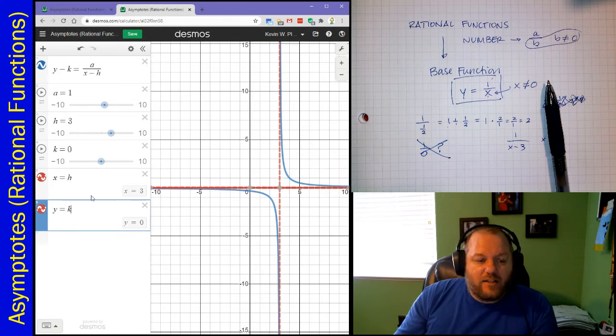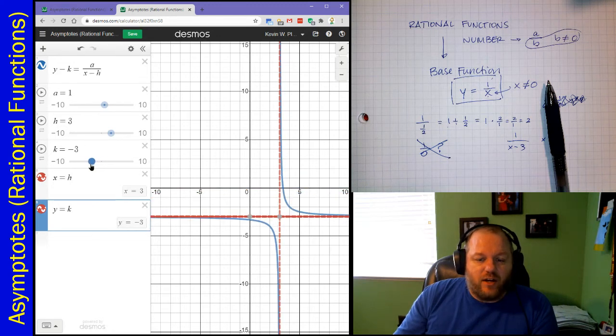And the k is the same way. If I move this, let's say, down to -3, where y minus -3 is y plus 3, that's telling me for every y value, it's 3 higher or 3 lower than it would normally be.